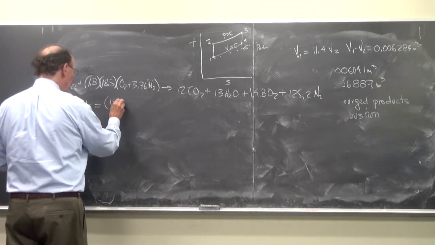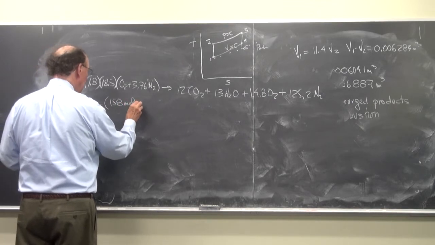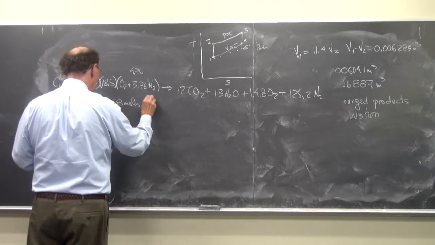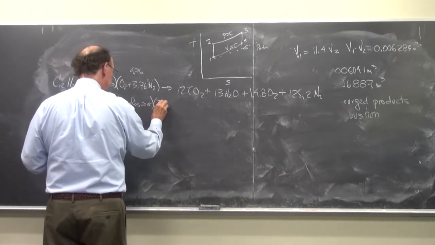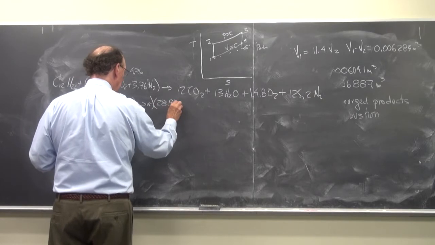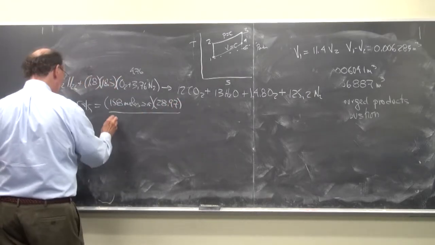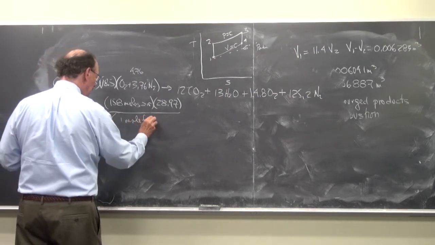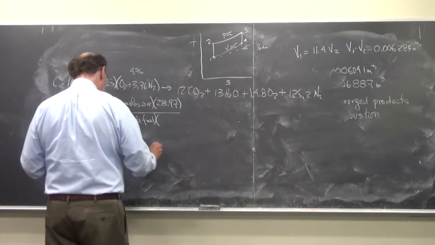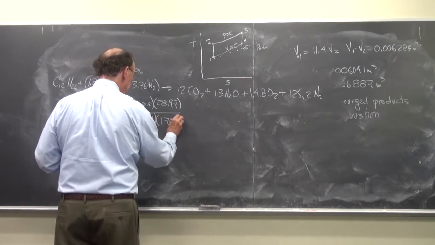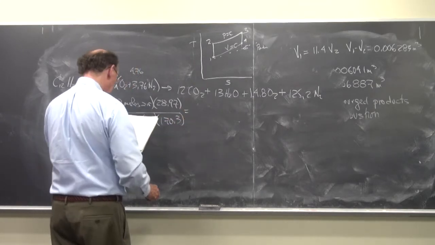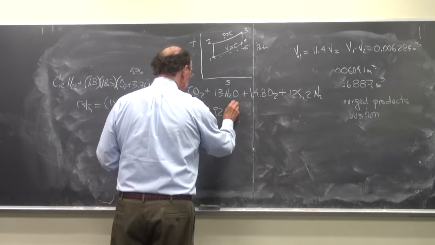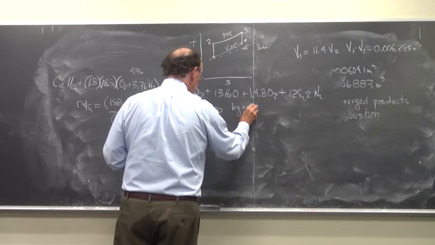is equal to 158 moles of air. Remember that's 4.76 times 28.97 divided by 1 mole of fuel, and this is 170.3, the molecular weight of the fuel. So RAF is 26.92 kilograms air per kilogram fuel.